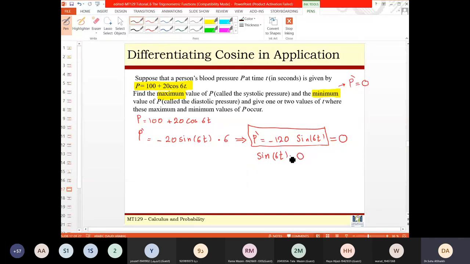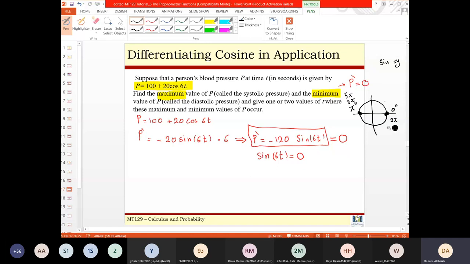And I have to recall, when is sine equal to 0? Remember, this is my unit circle. When is sine, which is y, equal to 0? Here at 0 degrees and here at pi, right? Then again at 2 pi, again at 3 pi, again at 4 pi, and again at 5 pi. When sine, which is the y, is 0? When I am here at 0, x is 1 and y is 0. Then when I come here at pi, back at 2 pi.